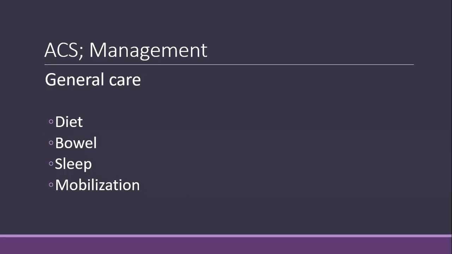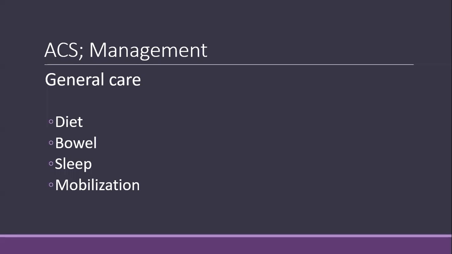And definitely you have to care for this patient, general care of this patient regarding his diet. So usually in the initial hours of myocardial infarction, the diet is usually liquids or semi-solids. The bowel, patient should not be constipated because this will produce more ischemia.